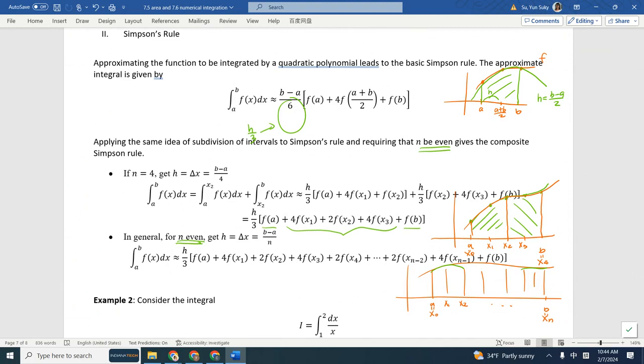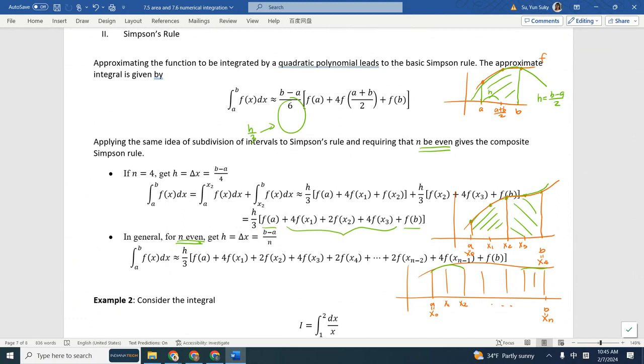So one block of the Simpson's method needs 3 points. We have A, B, and the midpoint. You know the midpoint is (A plus B) over 2, right? Those 3 points, we can draw a quadratic function, and then we can compute the area under the quadratic function to approximate it.